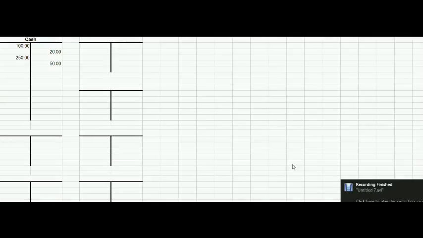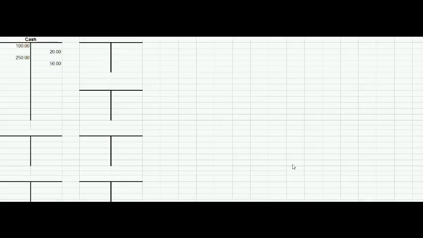An alternative to the general journal and recording it into the ledger are the T accounts, which is a quick and dirty method of recording the balances for each account. Likewise, the left side are the debits. The right side are the credits.